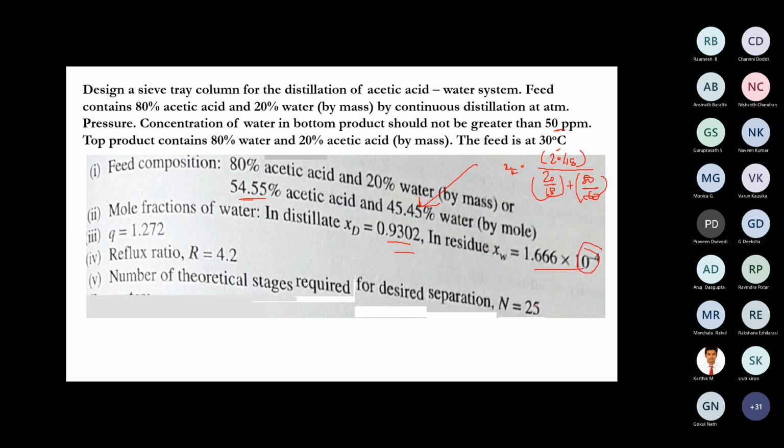That is 50 into 10 power minus 6, divided by 18, divided by again 50 into 10 power minus 6 divided by 18, plus the remaining, 1 minus 50 into 10 power minus 6, divided by 60, which is the molar mass of acetic acid. So you will get around 1.666 into 10 power minus 4. Okay, so this is the way.